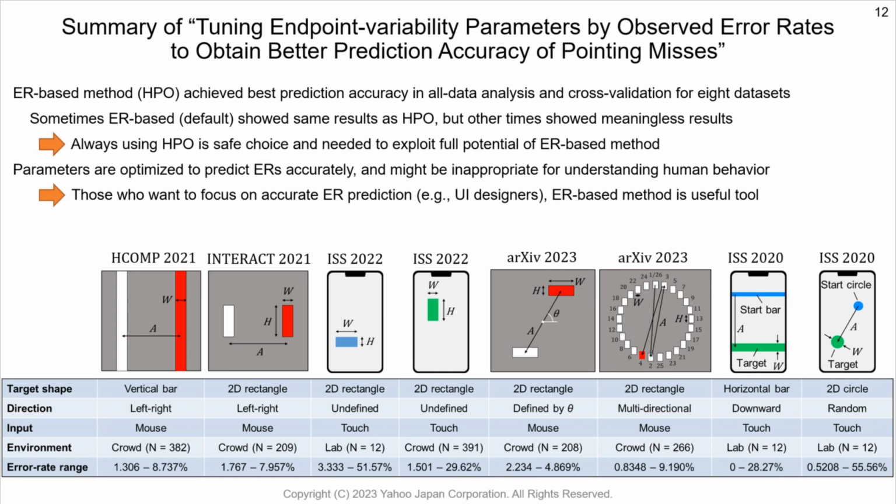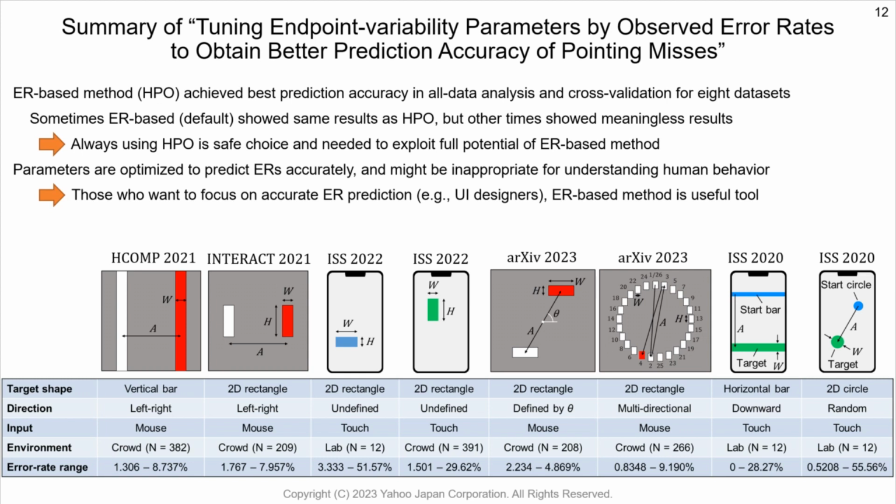To conclude, we empirically confirmed that the ER-based method with HPO achieved the best prediction accuracy in the all data analysis and cross-validation for the 8 datasets. In comparison, the default ER-based method sometimes shows the same results as using HPO, but other times it showed meaningless results, such as extremely large error rates and negative correlations between the observed and predicted error rates.